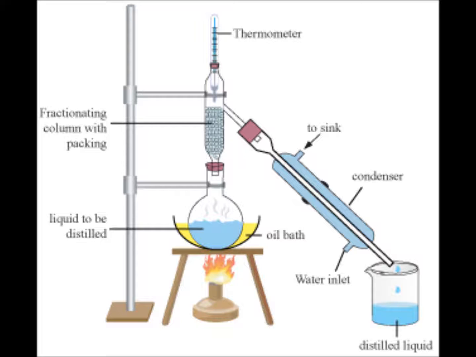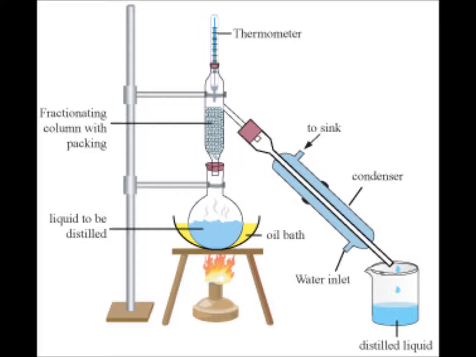It will rise into the fractionating column where the glass beads with large surface area prevent the mixing of the different vapors. The condenser serves to cool the vapors, changing them back to liquid by the passing of water through its jacket, allowing these liquids to be collected separately.